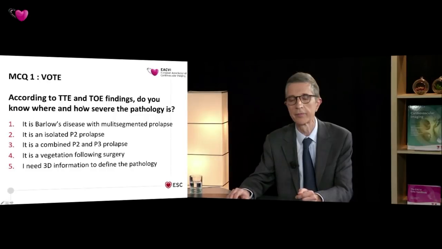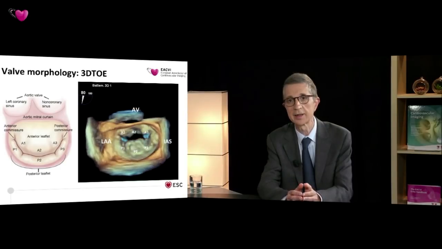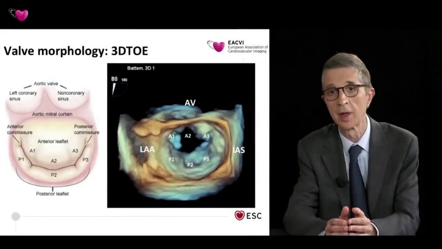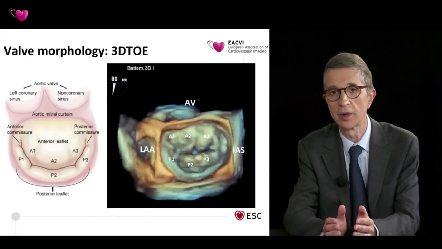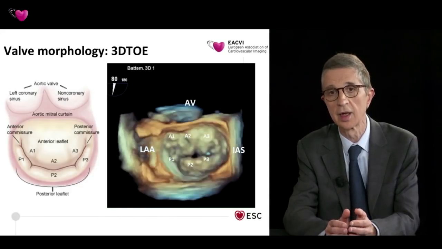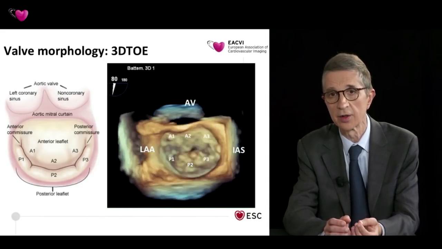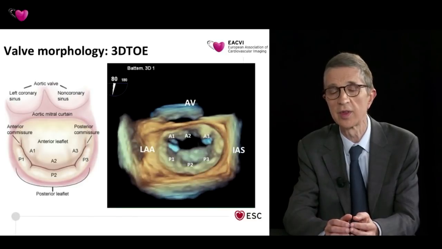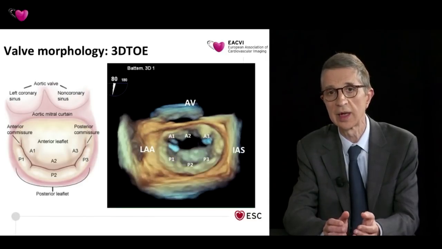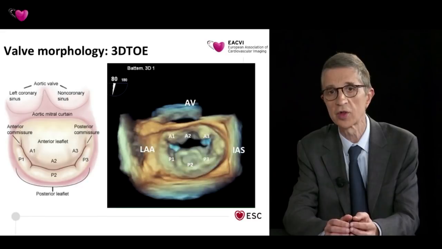Absolutely. So you can now go on with number 5 as the prime hit. Yes, absolutely. For skilled echocardiographers, of course, it is possible to differentiate an isolated P2 from a P2, P3 prolapse, but it is now easier to identify this pathology with the 3D en face view from the left atrium, which is called the surgical view.